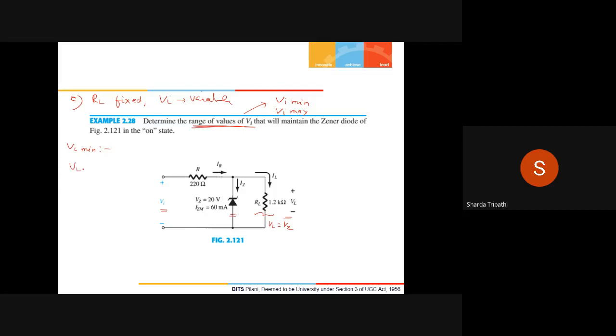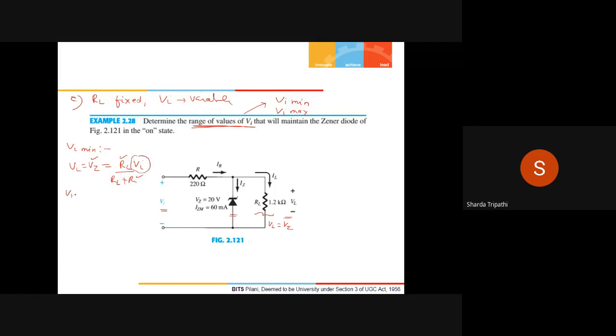So VL, which is actually equal to VZ, will be given by my expression RL divided by RL plus R multiplied by VI. So now here VZ is known, RL is also known, and R is also known. So the only unknown thing is VI.